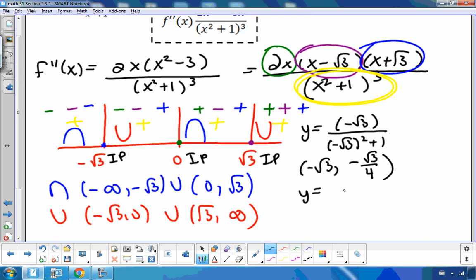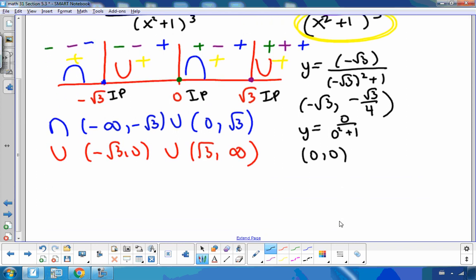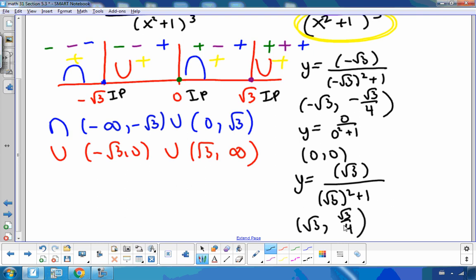So y is going to equal 0 over 0 squared plus 1. So that's going to be an inflection point at 0, 0. And then lastly, I do the same for positive root 3, and I get my inflection point at root 3 and root 3 over 4.